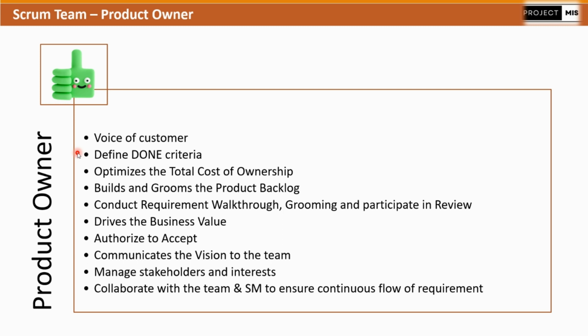If they are meeting the expectation, then done criteria confirms that this story is good to be considered as done. It means it is completed. So that's what done criteria is.